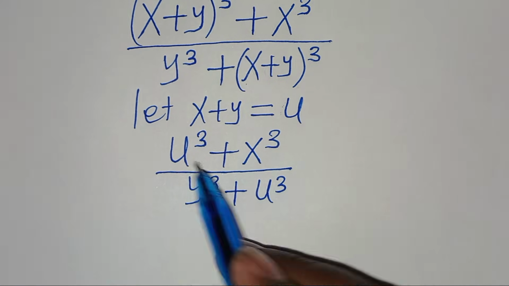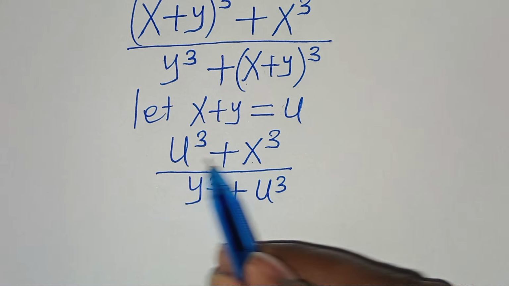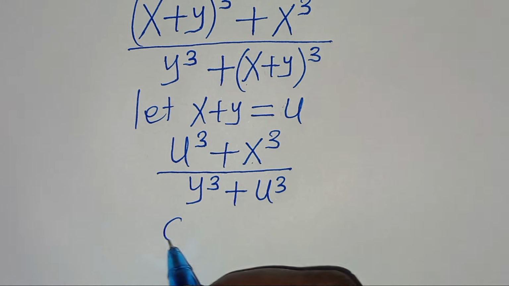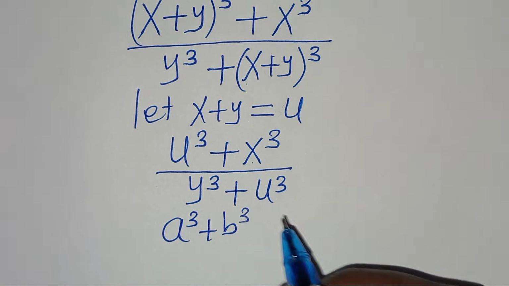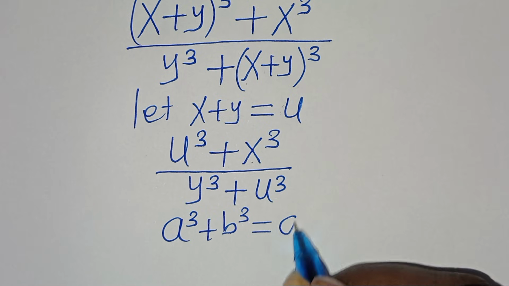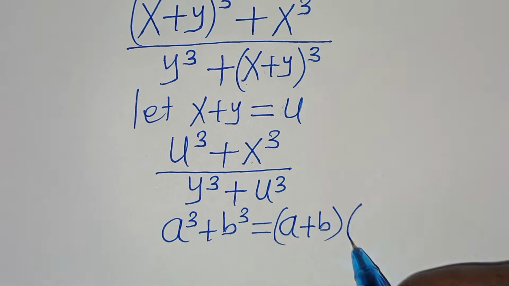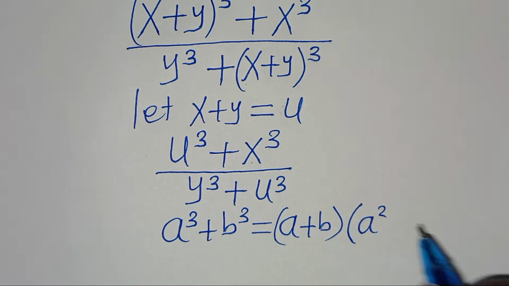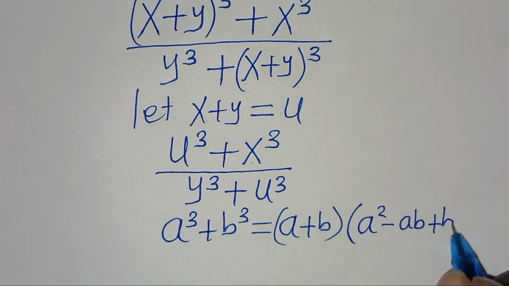The numerator u cubed plus x cubed is the sum of two cubes, a cubed plus b cubed, which we can express as (a plus b) times (a squared minus a times b plus b squared).